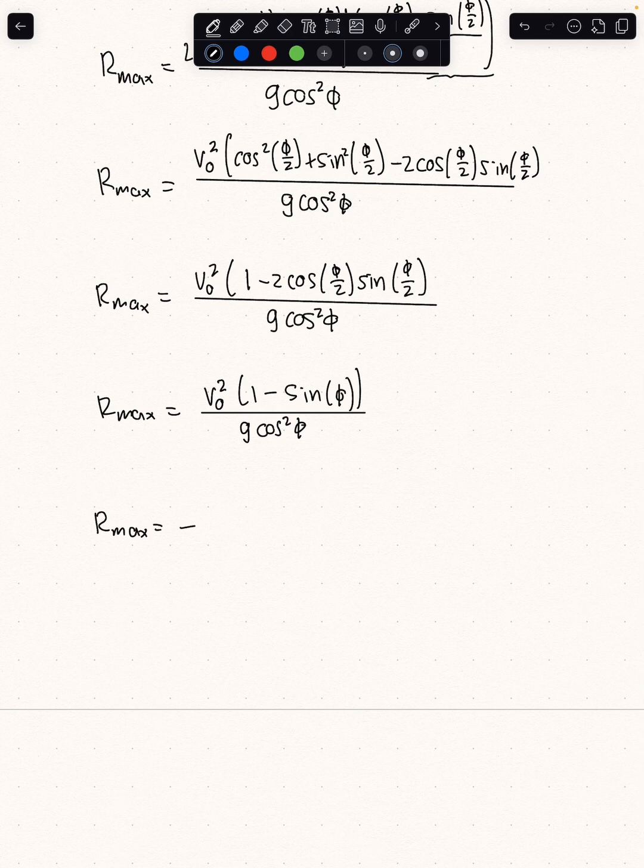So now what we can do is have V naught squared, 1 minus sine of phi, over g cosine squared of phi.